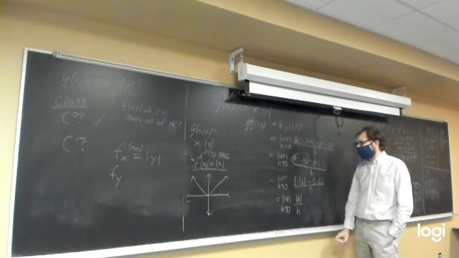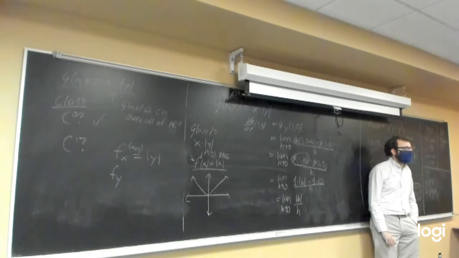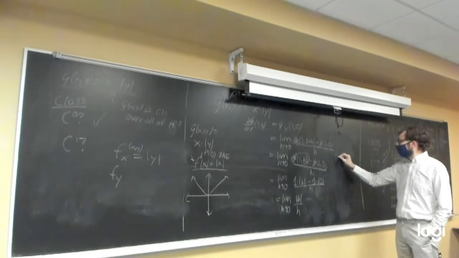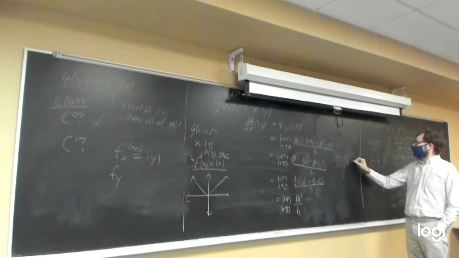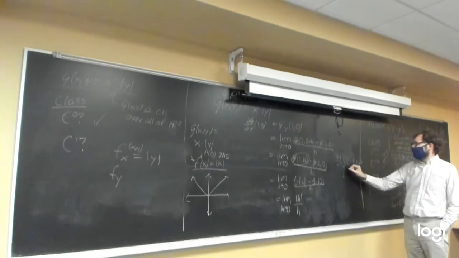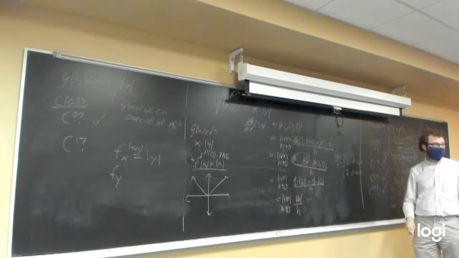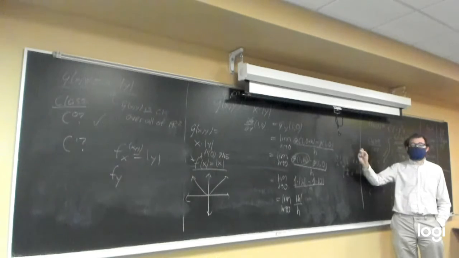As h goes to 0, what's going to happen to absolute value of h divided by h? I'll give you a hint. I'll write this as a piecewise function. It's going to be h over h if h is positive. It's going to be negative h over h if h is negative, because that's how the absolute value works. For a positive h, it just spits back out h.